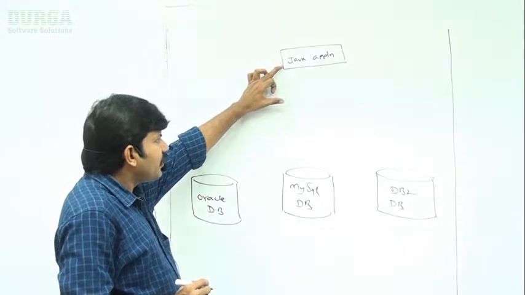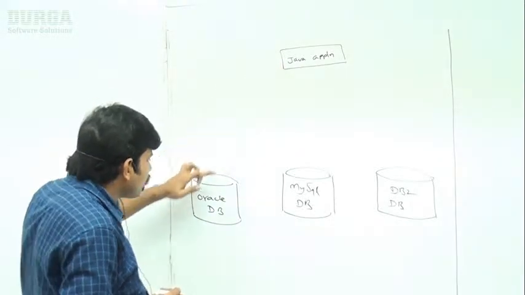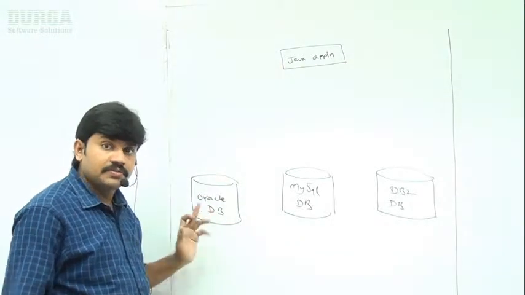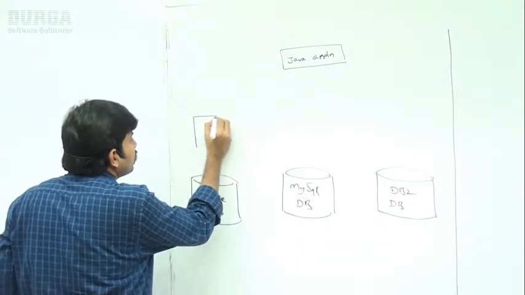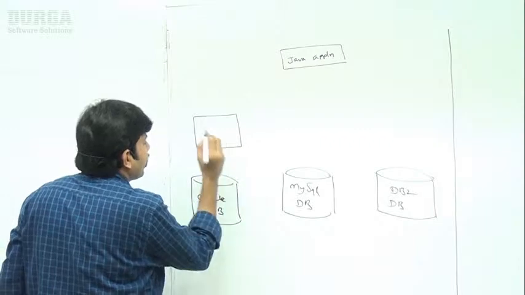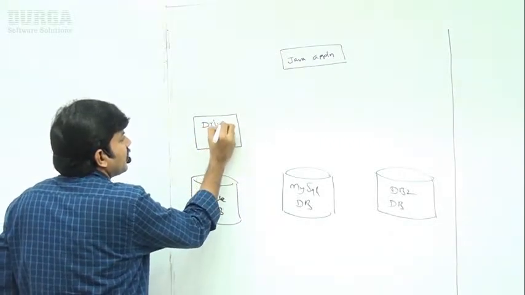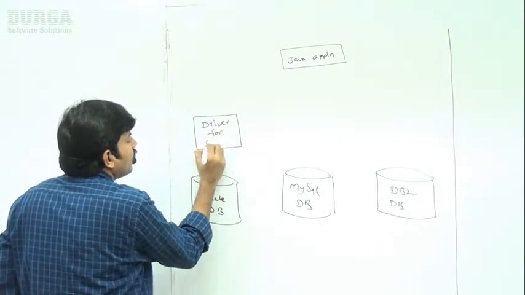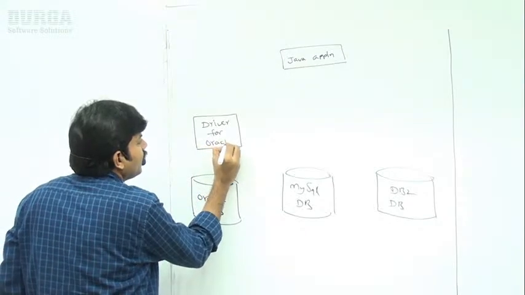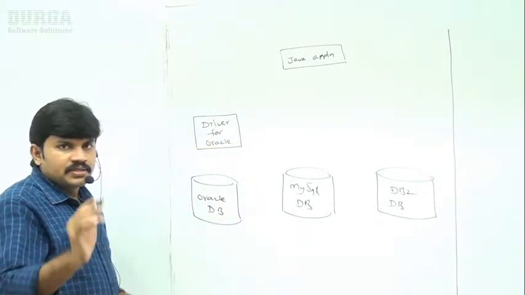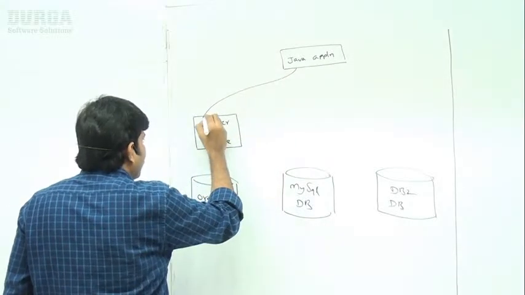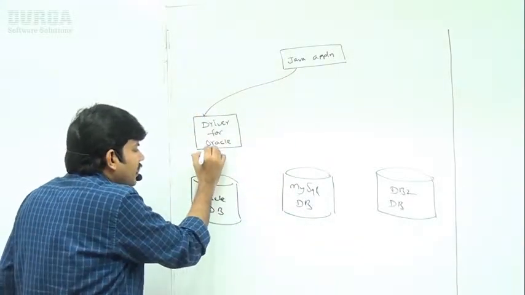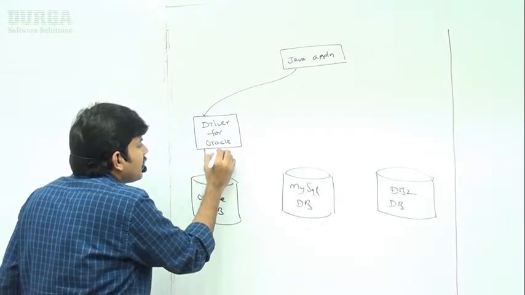Sir, if a Java application wants to communicate with Oracle database, we require a driver for Oracle. So, the Java application can communicate with this driver, and this driver can communicate with the database.